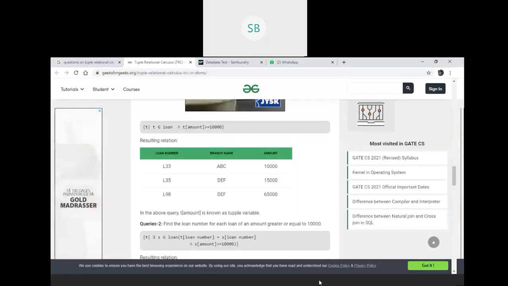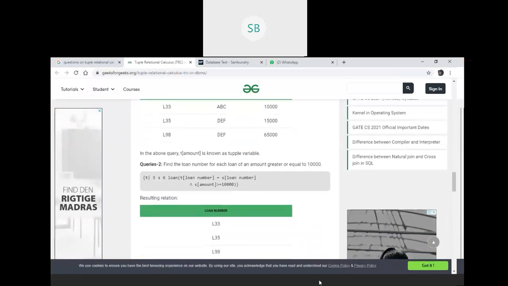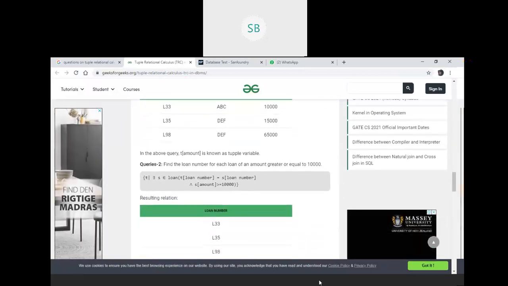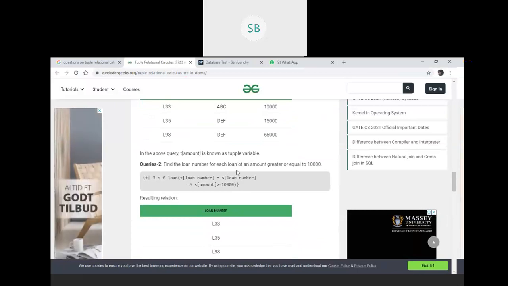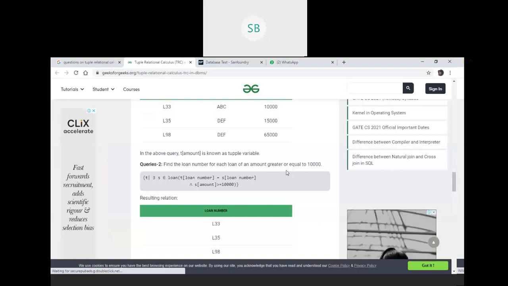Okay. Moving to the next question: find the loan number for each loan of an amount greater than or equal to 10,000. From this question also, we are very clear that we need to first get the query from the loan table only.